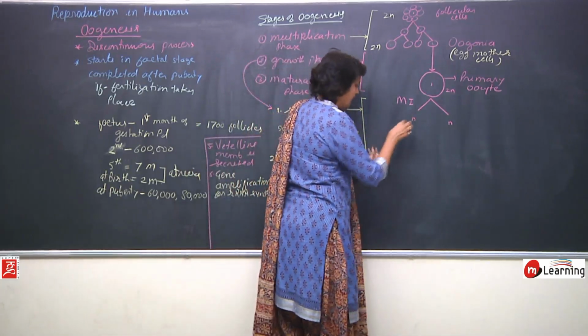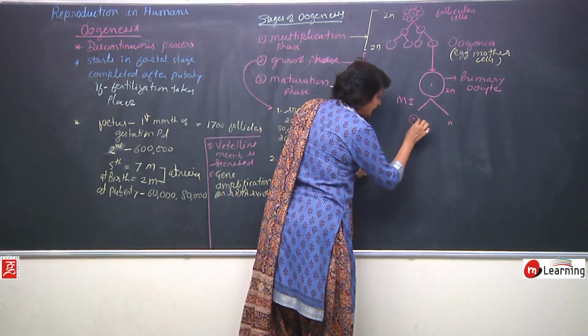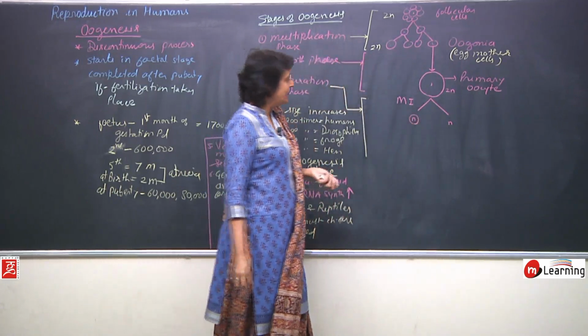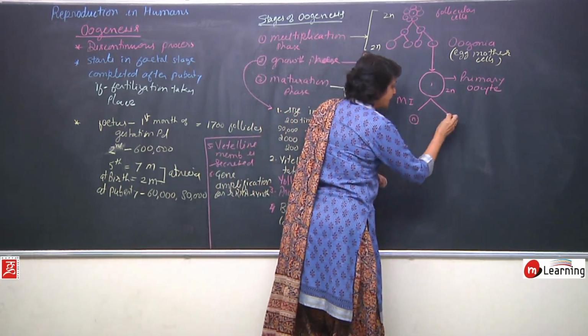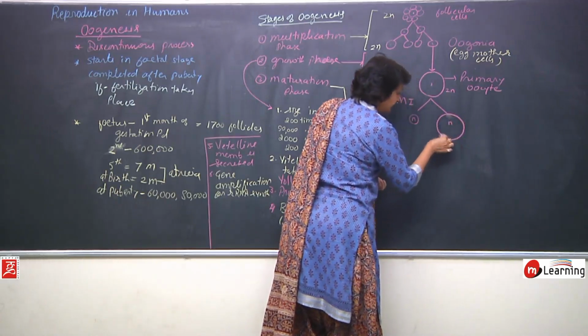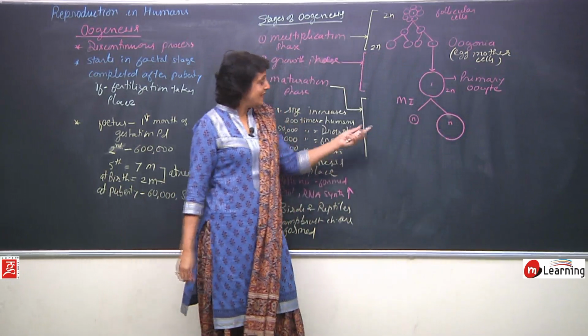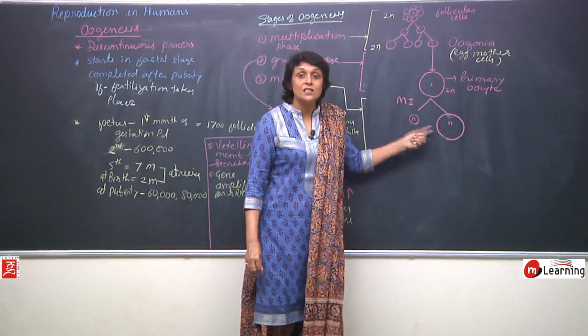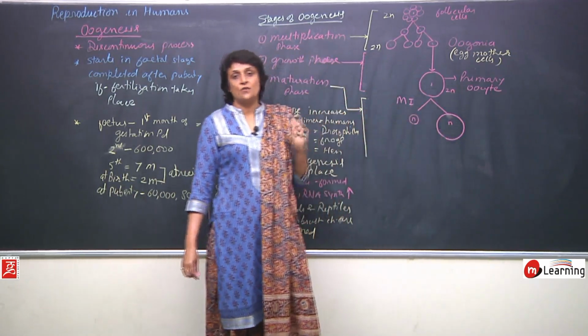One cell gets less cytoplasm and the other cell retains almost complete cytoplasm. That means two unequal sized cells are formed.